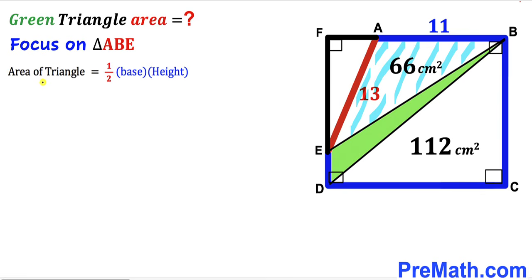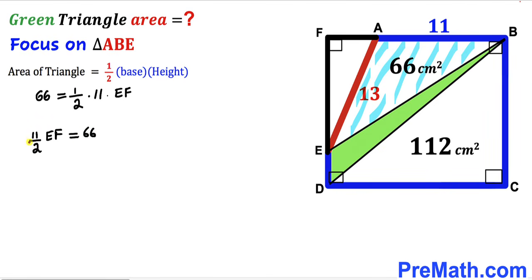Let's go ahead and fill in the blanks in this formula. So the area of the triangle, 66, is going to be equal to a half times our base, 11, times our height, this side EF. Now I can write this as 11 divided by 2 times EF is equal to 66.